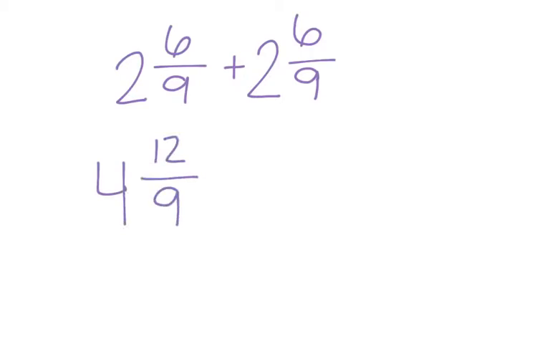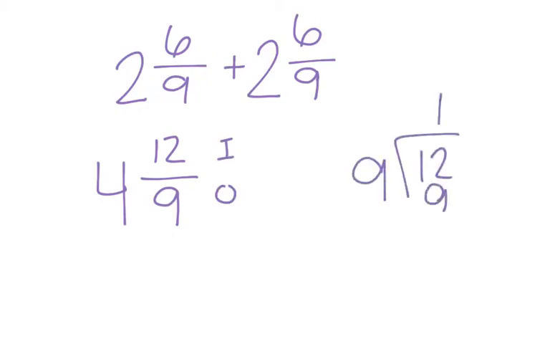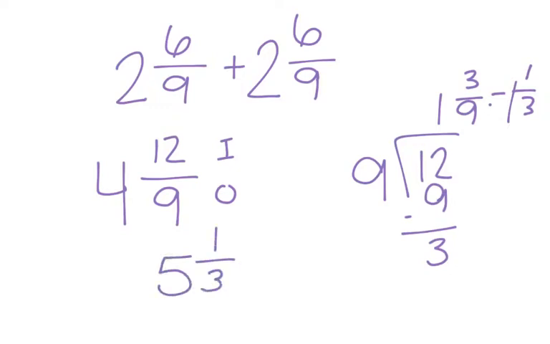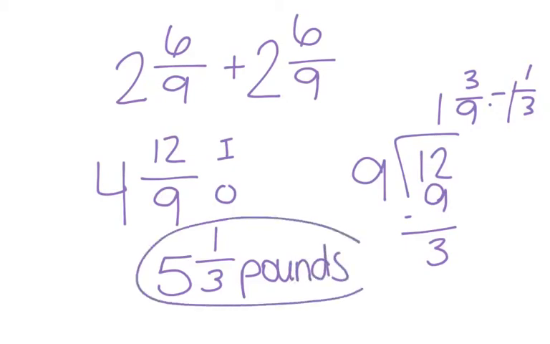You can do inside, outside. 12 divided by 9 gives you 1 3/9, which is the same thing as 1 1/3. So you get 5 1/3 pounds. That's number 1.